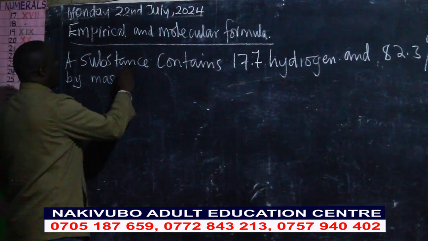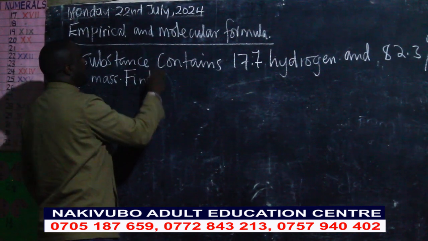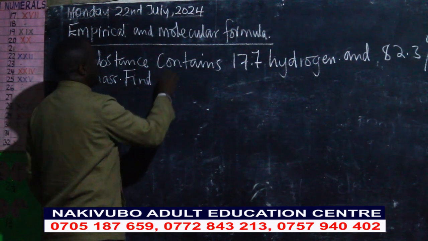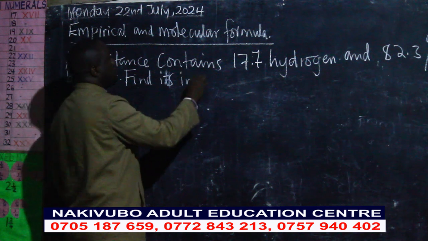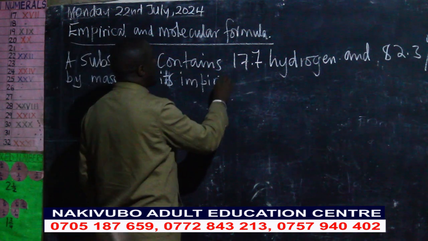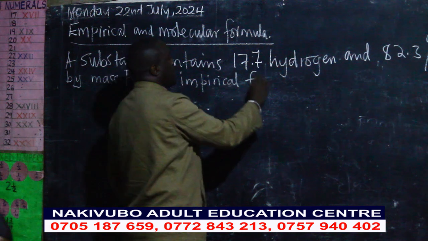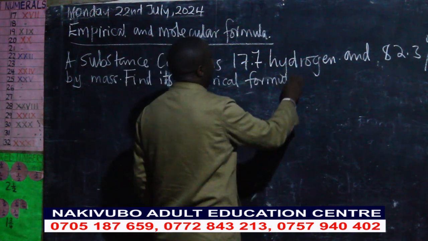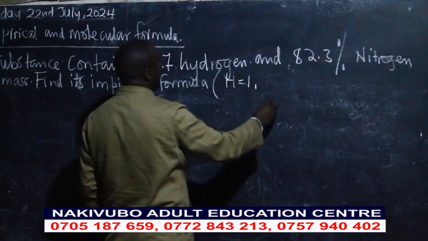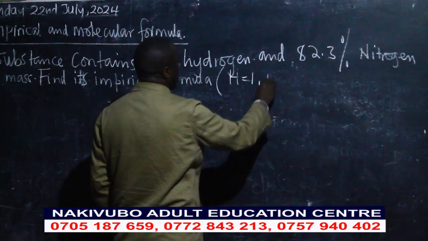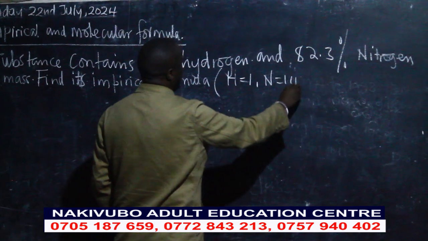Find its empirical formula. Brackets, hydrogen is equal to 1 and the nitrogen is 14.